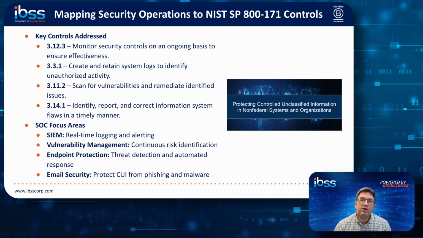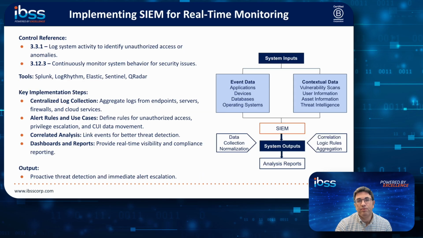Our security operations should incorporate security information and event management systems for real-time monitoring, vulnerability management for continuous risk identification, endpoint protection for threat reduction and response, and email security to protect controlled and classified information from phishing and malware.